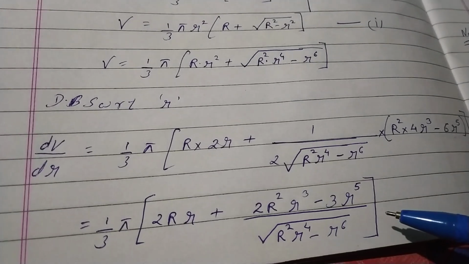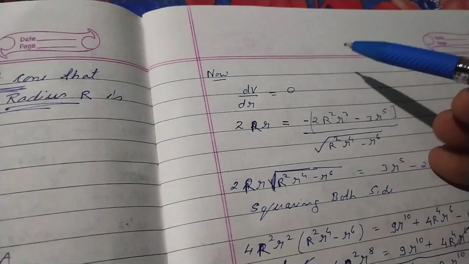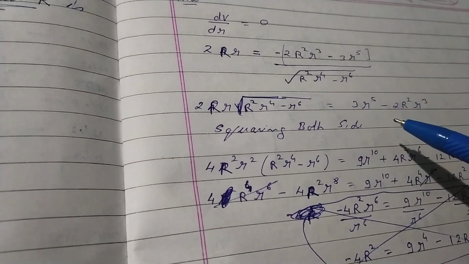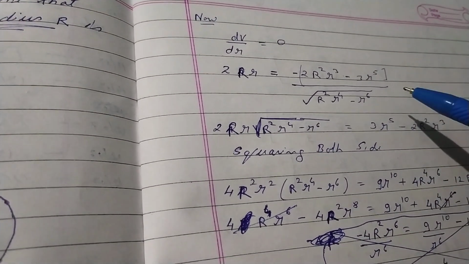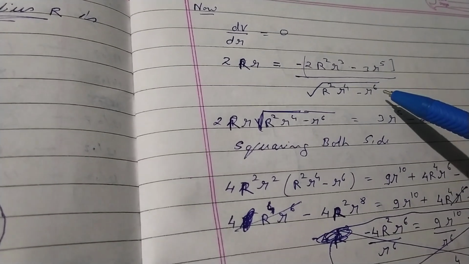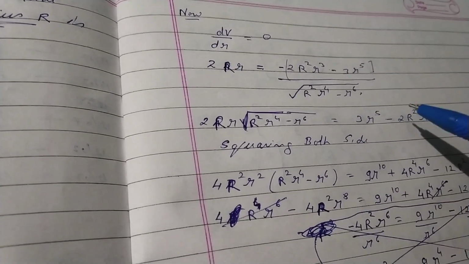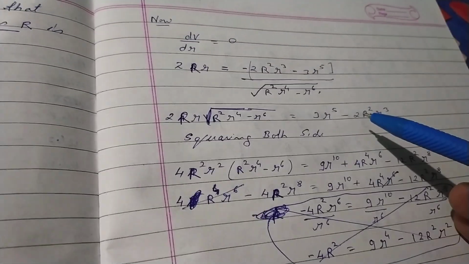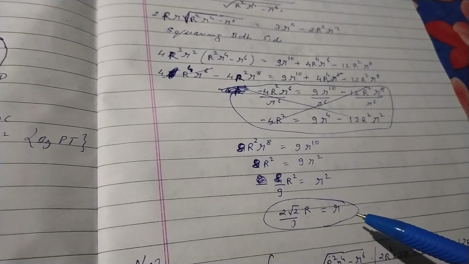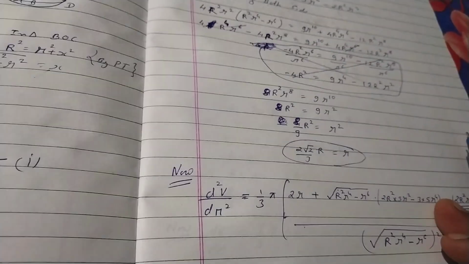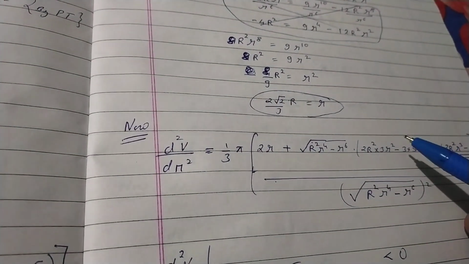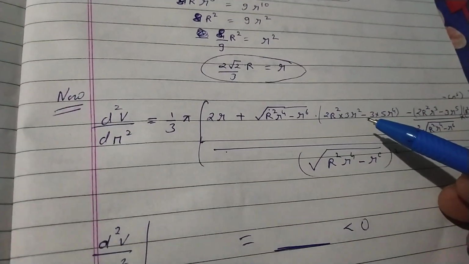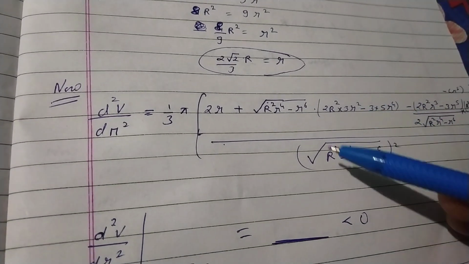First derivative is ready. Now next step, dv by dr is equal to 0. From here we can get the value of small r, but as it is in the form of a root, we have to solve this by squaring both sides, and then we will get the value of small r in the form of capital R. Now when we differentiate again, we will get the second order derivative, and see that it is very complicated.